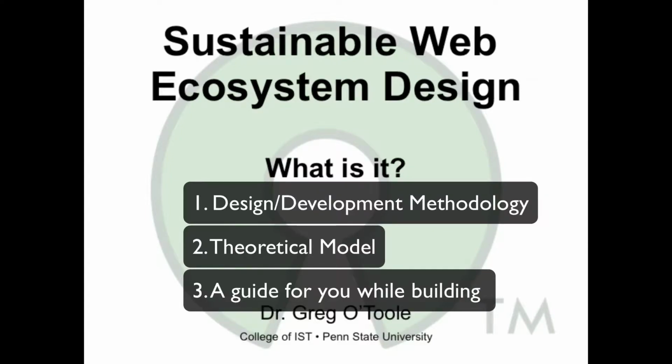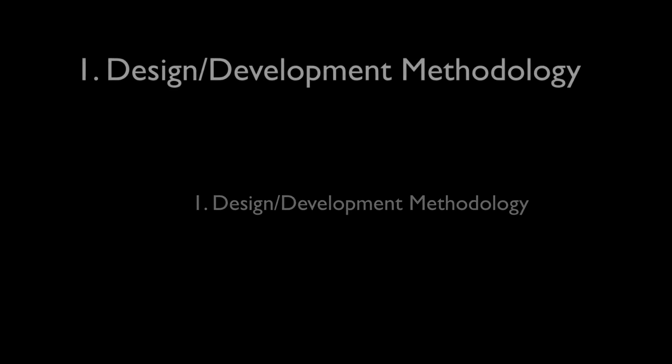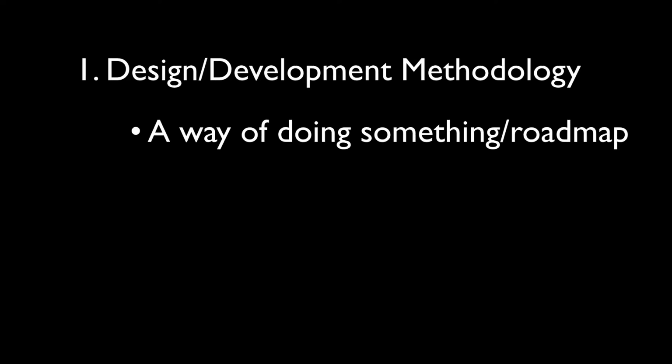Let's take a look at each of these three parts. Let's look a little bit closer at what we mean by a design or a development methodology. When you're talking about a design or development methodology, you're talking about a method, right? A way of doing something. So in sustainable web ecosystem design, the methodology is to understand each of the parts, the important nodes of what makes up this ecosystem.